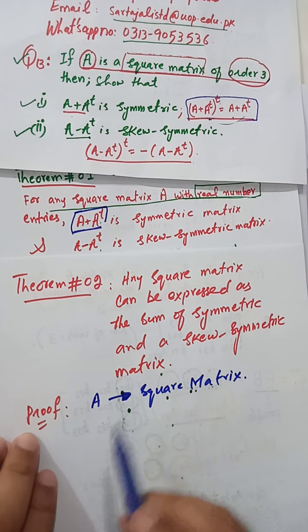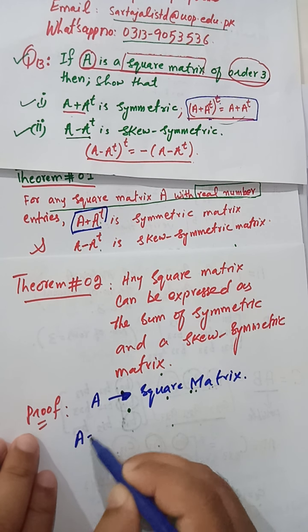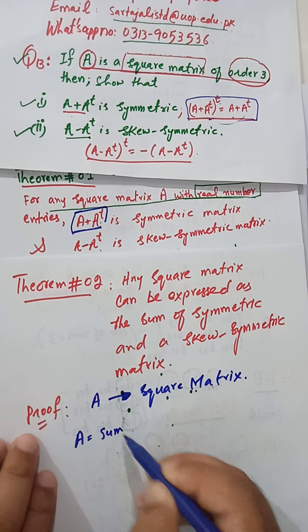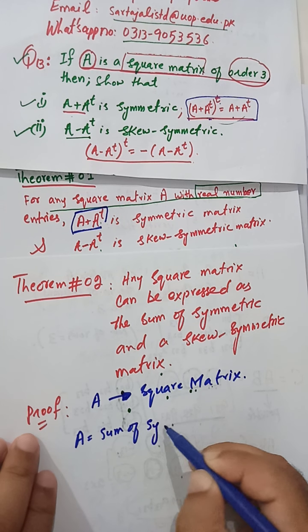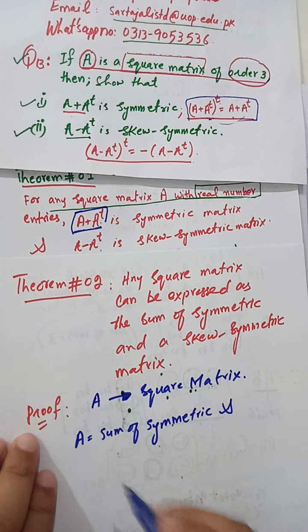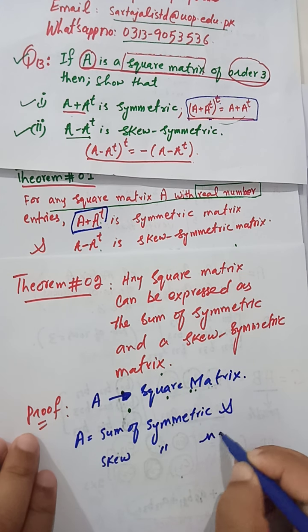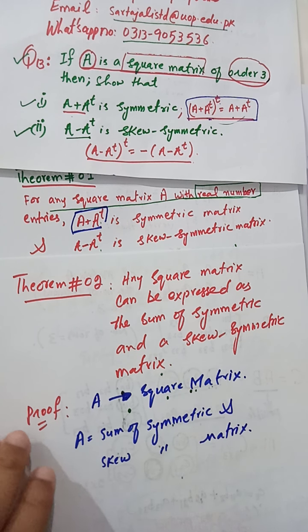So we need to express this matrix as a sum of a symmetric and a skew symmetric matrix. We need to show this.